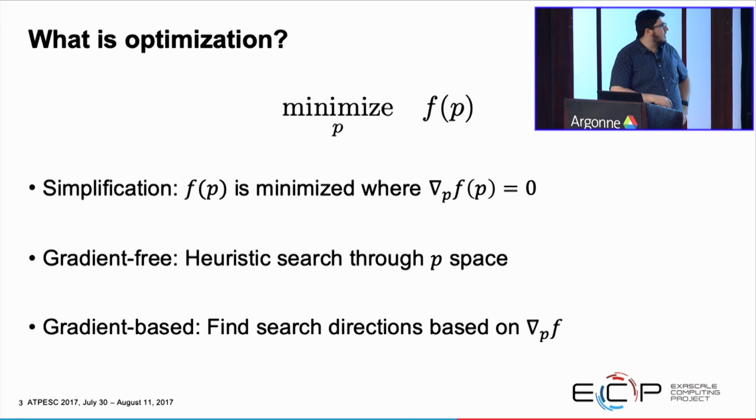Gradient-free methods just search through the space of the optimization variables without evaluating the derivatives. And the gradient-based method uses the derivative to assist that search. And in what we do in PETSc TAO, we go with the gradient-based method, and that's going to be our focus for this talk as well.